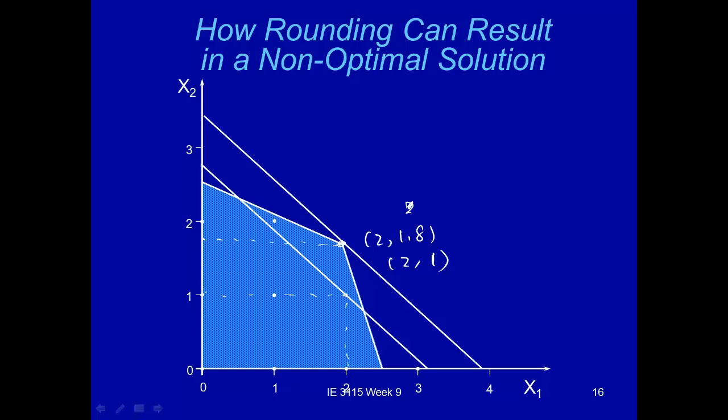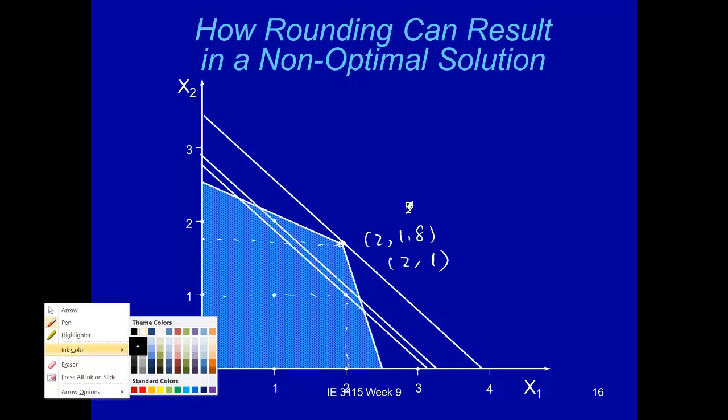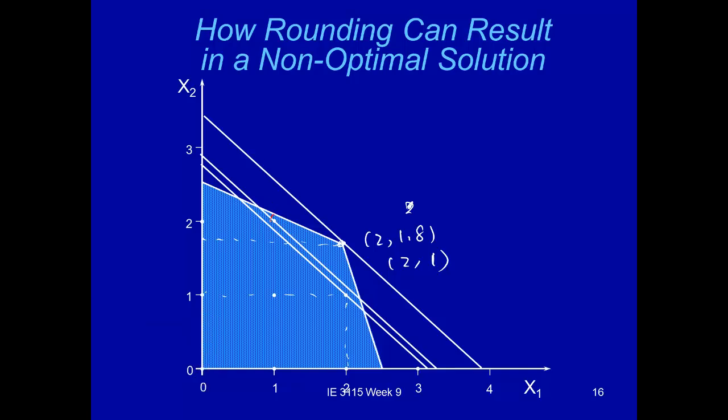Okay, but is it optimal? There's another point, this one here. This point here is also a feasible solution, which means it's within the feasible region and both x1, x2 are integers. So in this one, it's the point 1, 2. And this one is a maximization problem, okay?